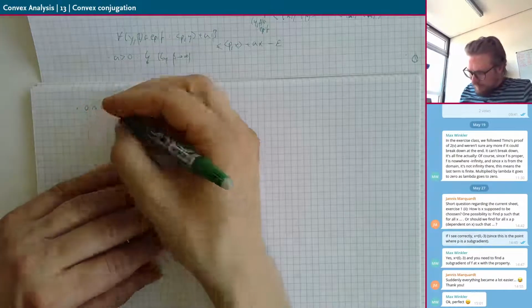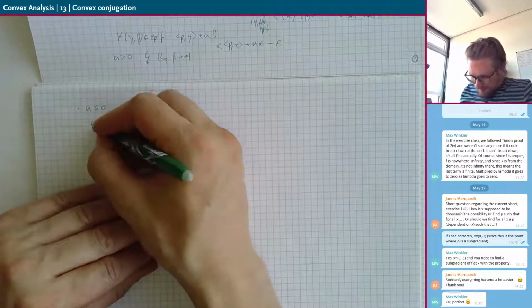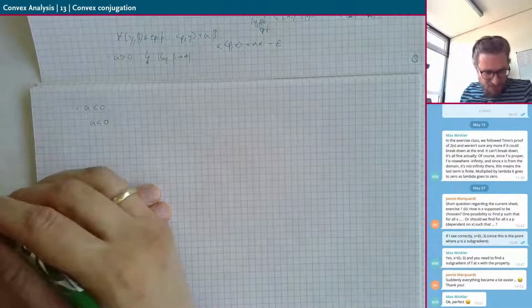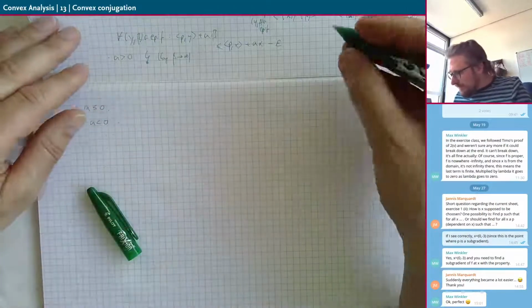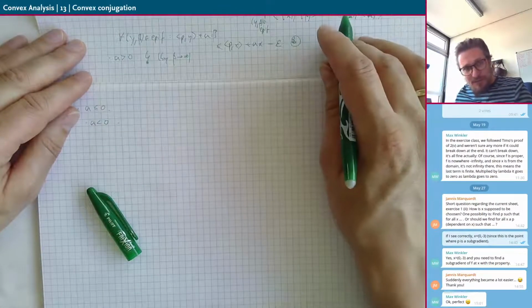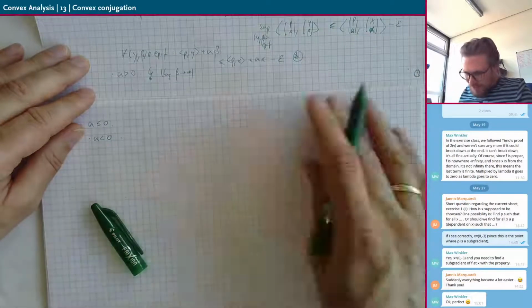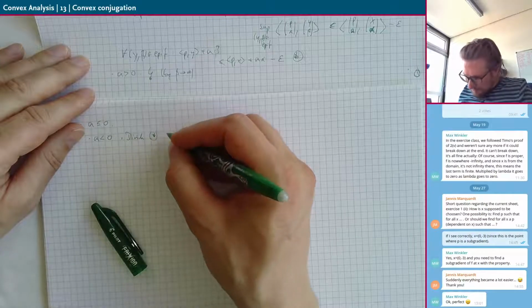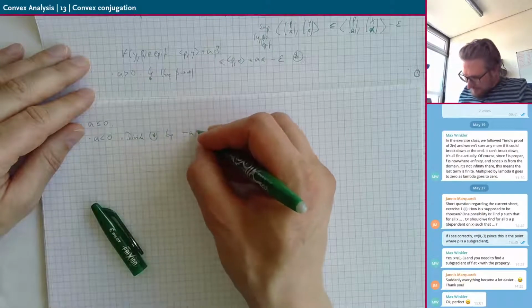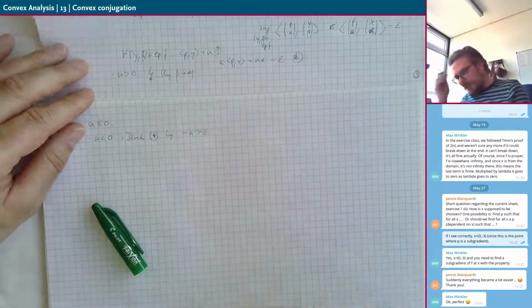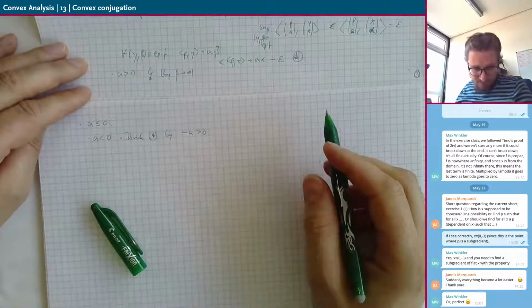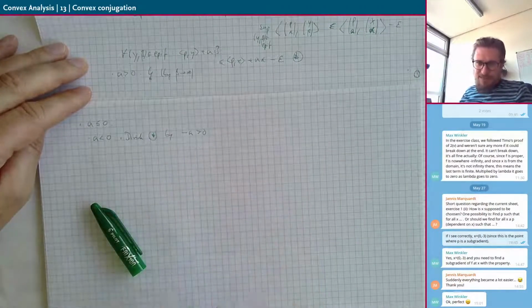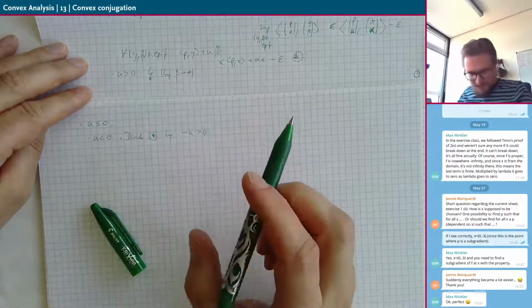So then we consider two cases. First, if a is really negative. Then we're going to use this inequality here, the star inequality, and divide by minus a, which is then positive. This is always the case where I get confused, but now we divide by minus a, that's positive, so the inequality stays the same.